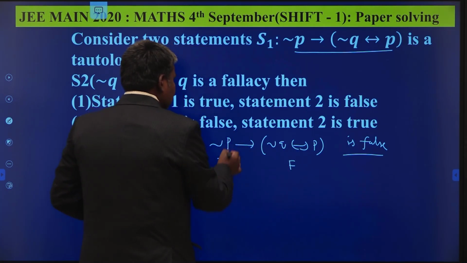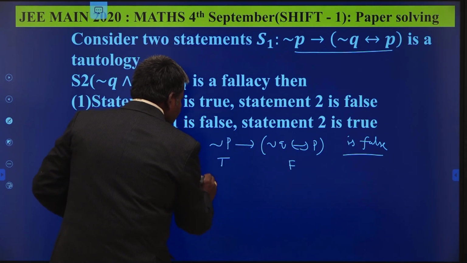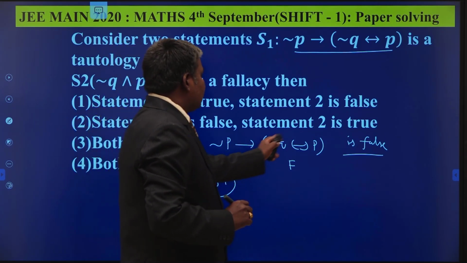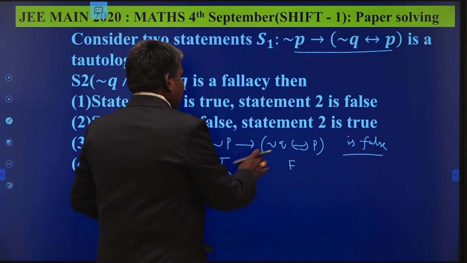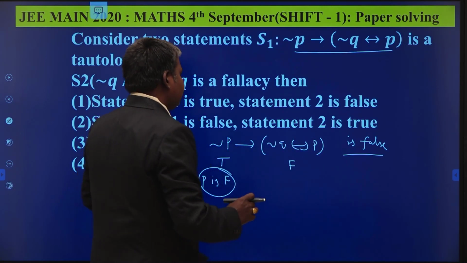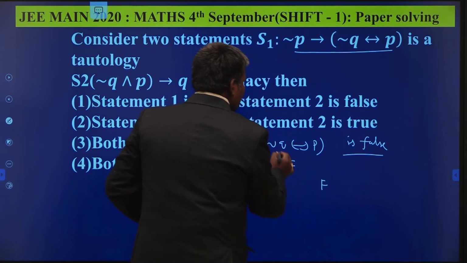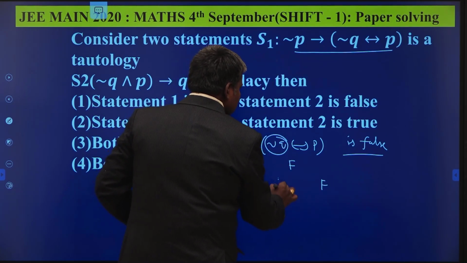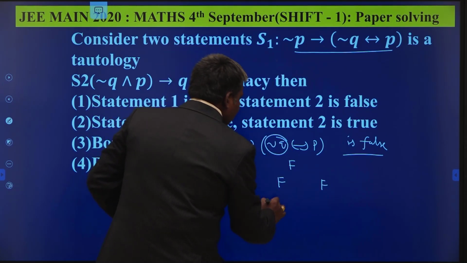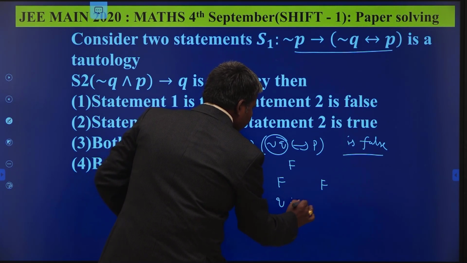This is false. When it is true, P is false. This is false implies either both are false or both are true. P is false here. Automatically this must be false. Negation of Q is false means Q is true.